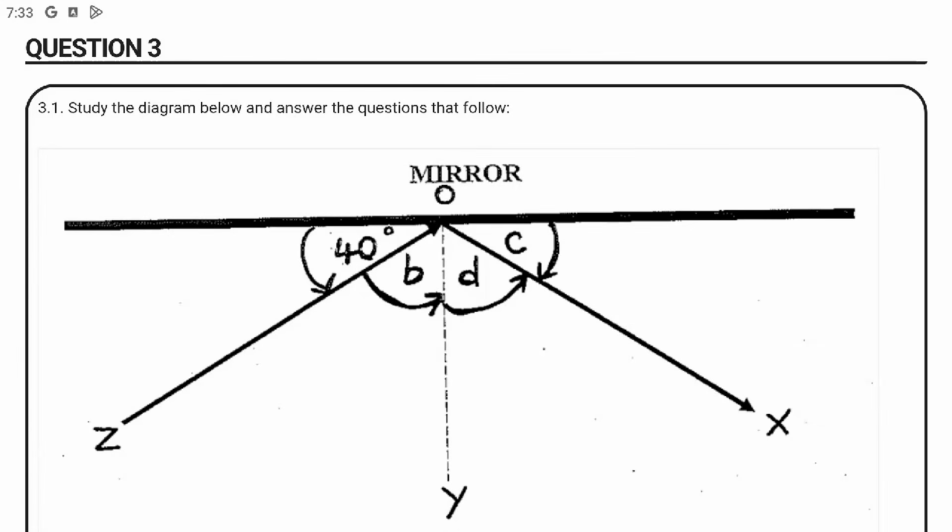All right, so question 3.1. Study the diagram below and answer the questions that follow.